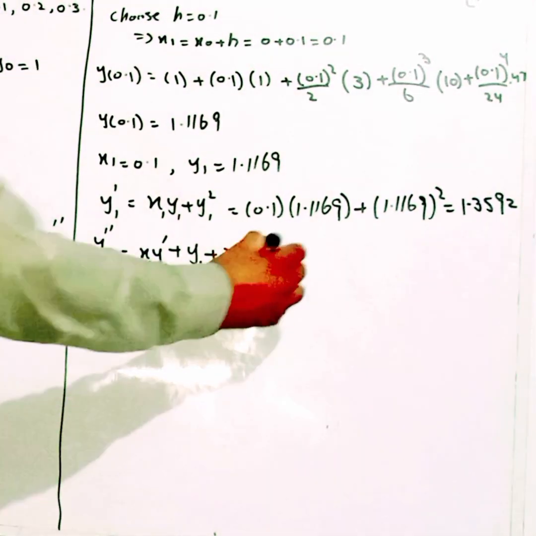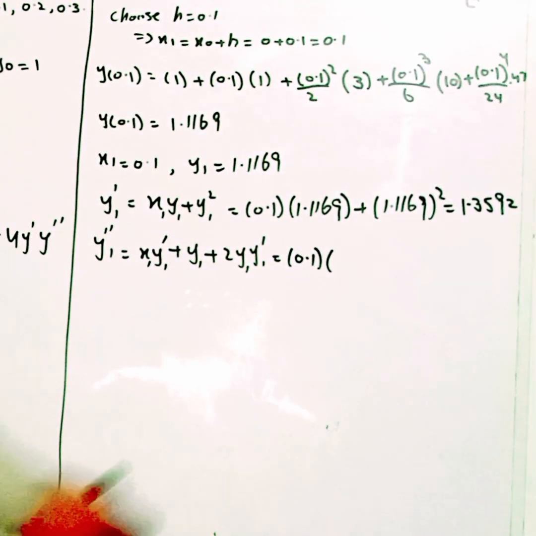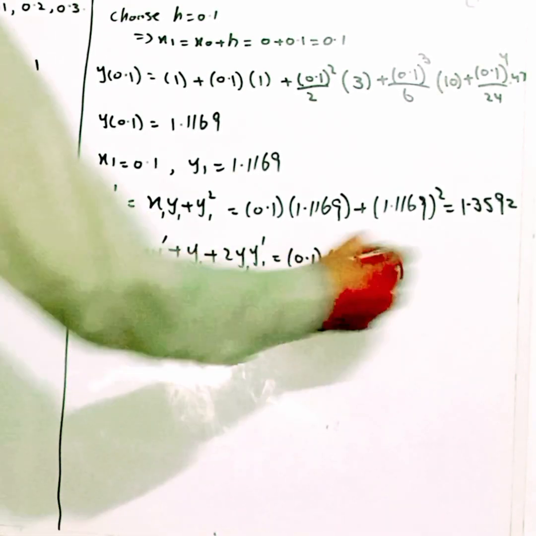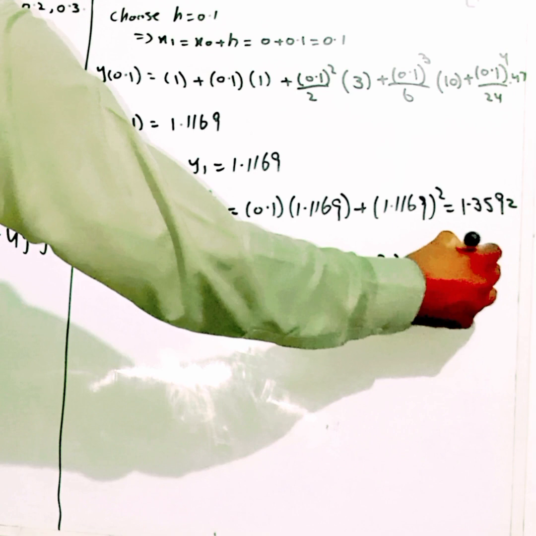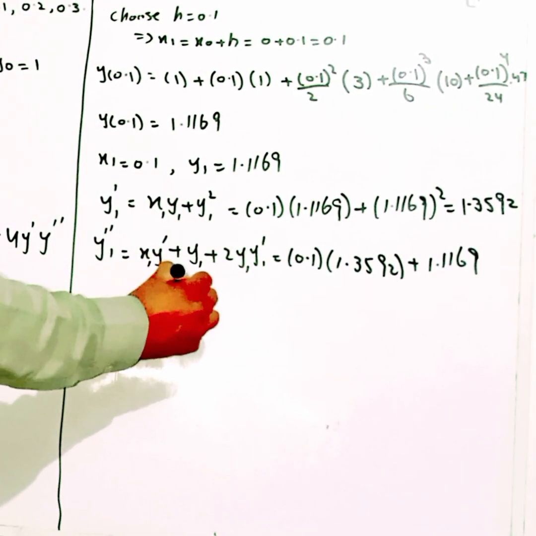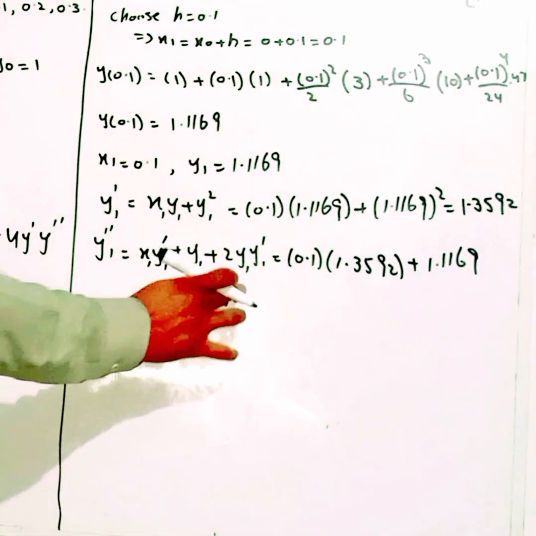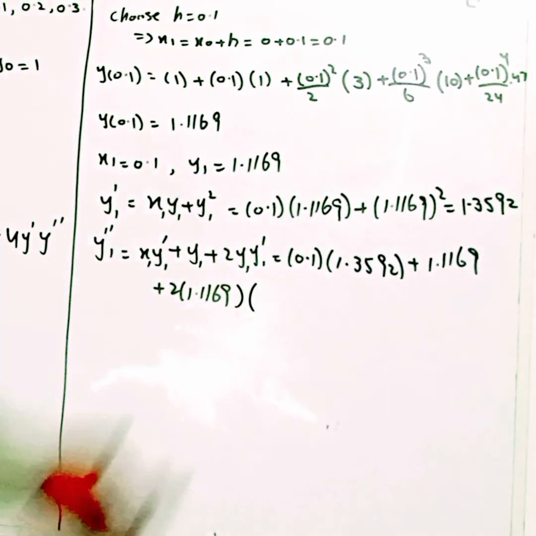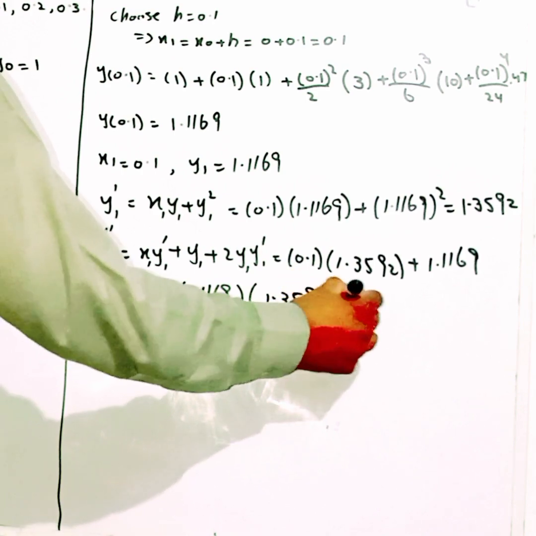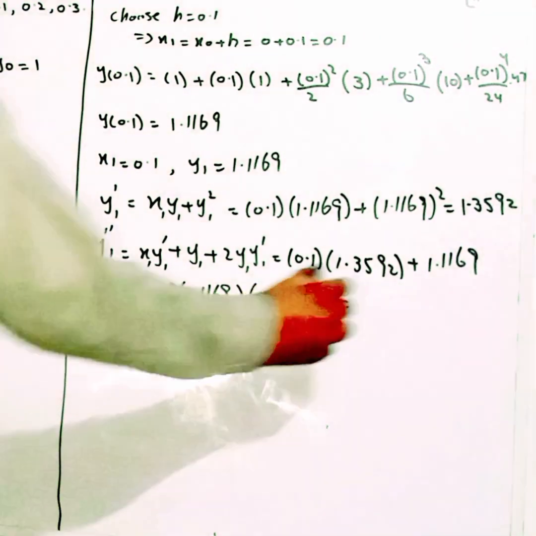By putting these values we obtain x1 is equal to 0.1, y prime 1 is equal to 1.3592 plus y1, 1.1169, plus 2 into y1, 1.1169, and y prime 1 is equal to 1.3592.